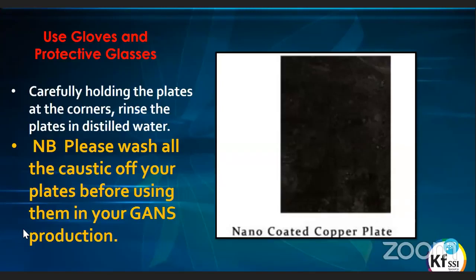Just rinse it, and rinse it. You probably have no running distilled water because it's expensive, but you can put 3 or 4 trays with some distilled water. So rinse in first, rinse in second, rinse in third, rinse in fourth, and then put into the container where you want to store them.